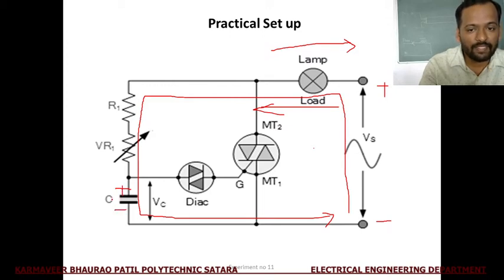When this capacitor voltage VC becomes equal to the breakover voltage of the Diac, this Diac is turned on and this capacitor discharges through this Diac and Triac gets a triggering pulse.